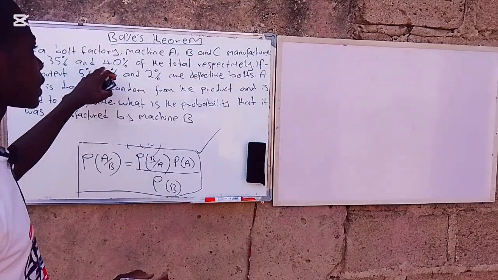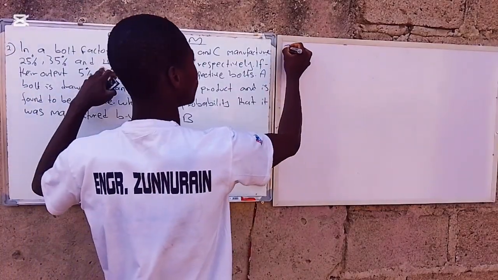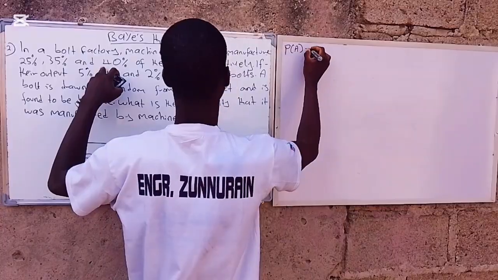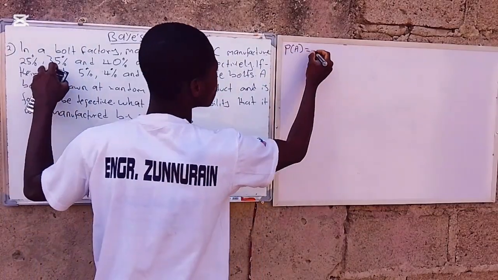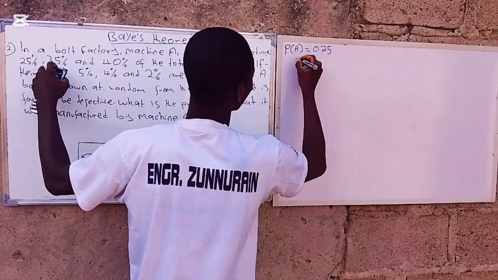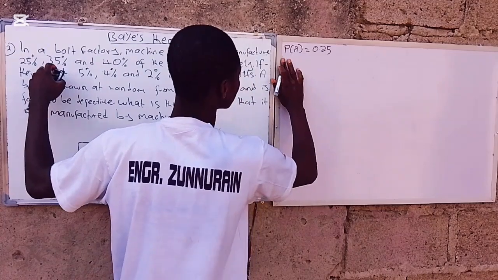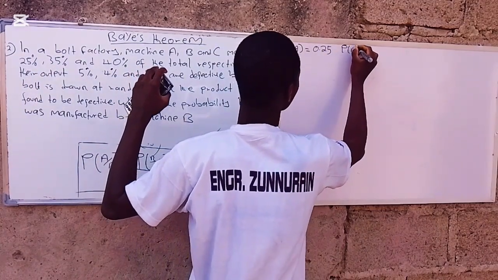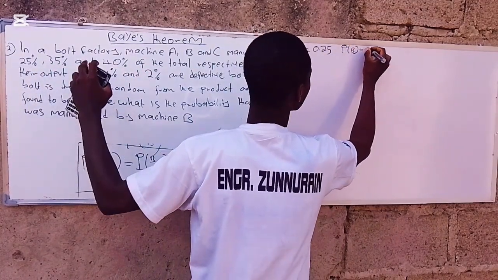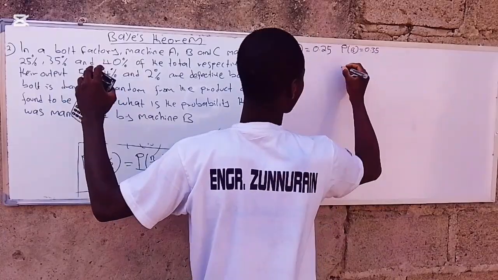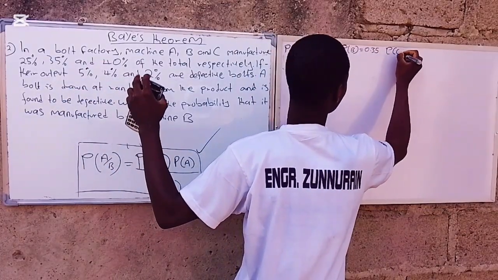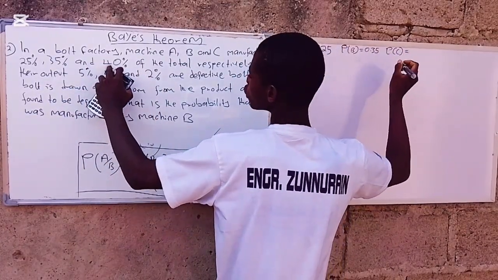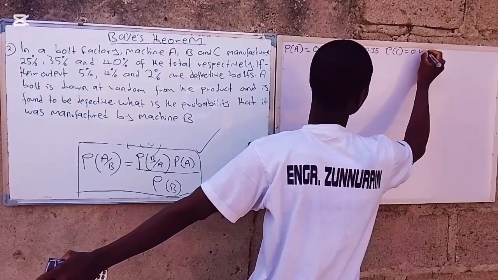The next question says that in a bolt factory, machines A, B, and C manufactured 25%, 35%, and 40%. It means the probability of A is 0.25, probability of B is 0.35, and therefore probability of C is 0.4.